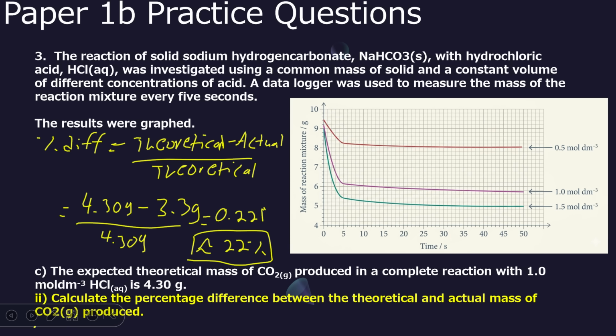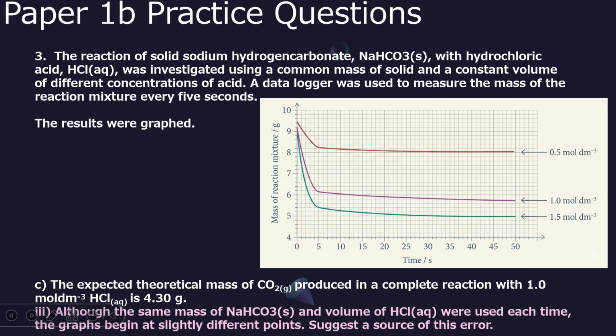All right, I think it's near the end. So although the same mass of NaHCO3 and volume of HCl were used each time, the graphs began at slightly different points, suggest a source of this error. There could be many reasons for this, but one might be the balance used to weigh was not wiped off or cleaned properly and then tared properly.